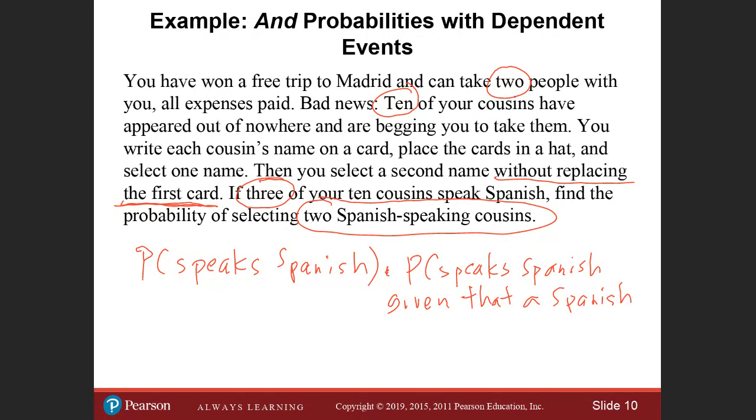So there is a condition here, given that a Spanish cousin was selected first.